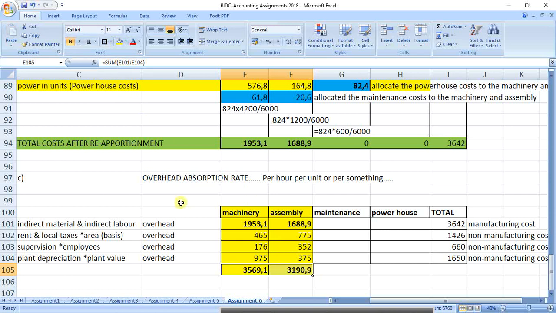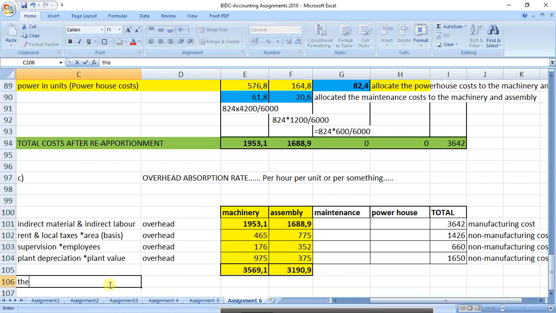Right, so now we need to look at an absorption rate. So if I'm looking at machinery, what would I be using as the basis for allocating machinery? The machine hours, do you agree? Yeah. Okay, there we go. Right, so the basis of allocating the machinery costs is machine hours.